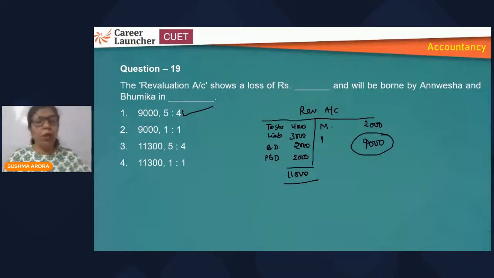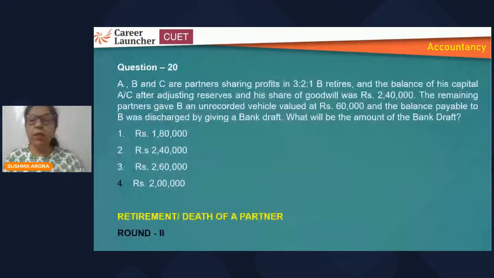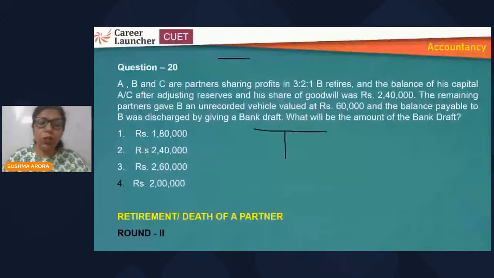Now children, next. A, B, C are partners in 3 to 1. B retires. Okay, goodwill amount is 2,40,000. Unrecorded vehicle 60,000. Balance discharged by giving a bank draft. What will be the amount of bank draft? See, that type of question I gave in many papers of mine, in practice paper also. First of all, children, make a revaluation account.